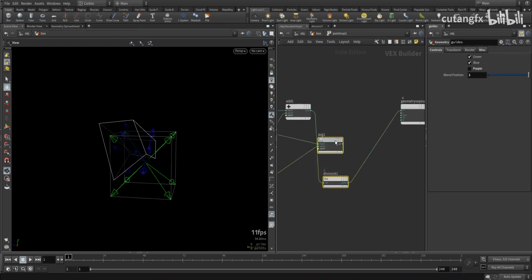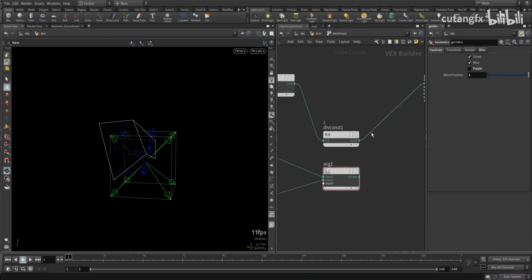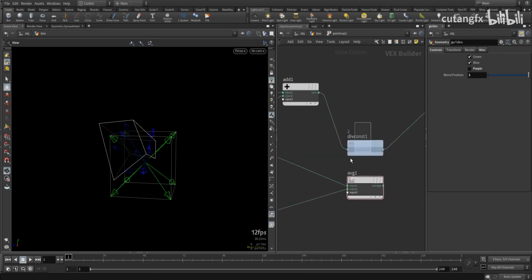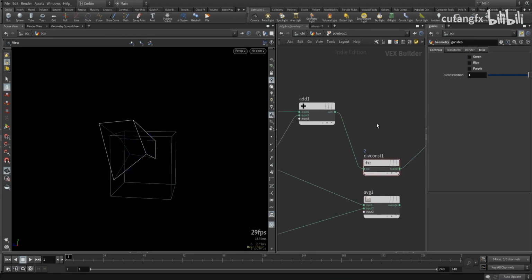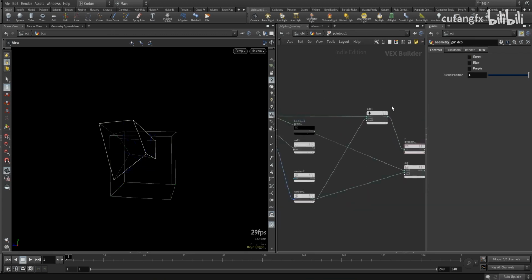So let me just rearrange the nodes here so it's a little easier to see. The average amount looks exactly the same as if I add the two vectors together and then divide by 2. As you can see, as I switch, nothing changes. And the reason for this is because that's actually what averaging is doing.